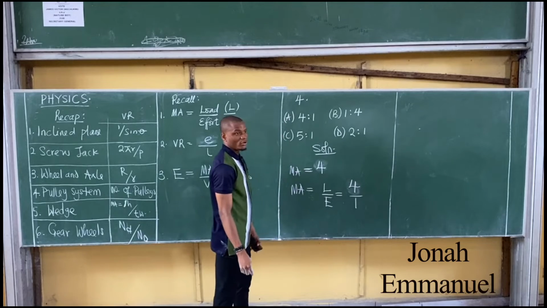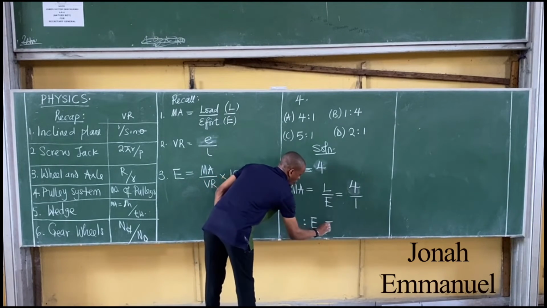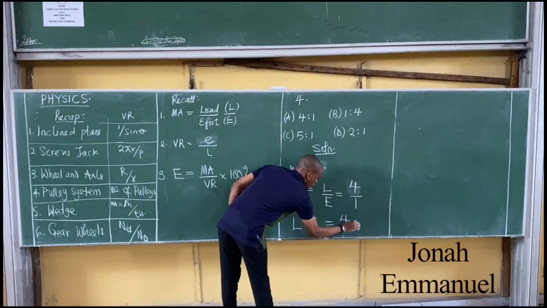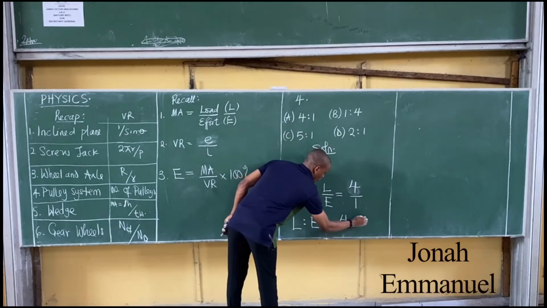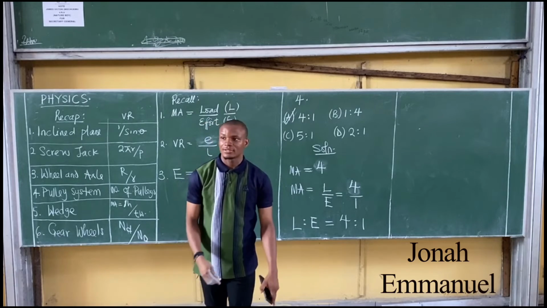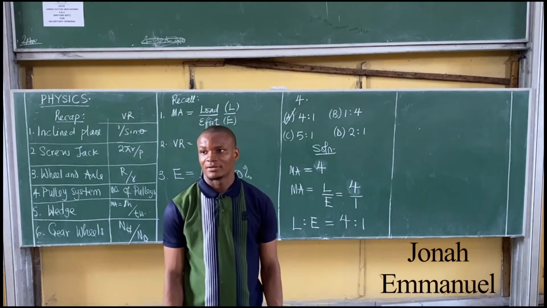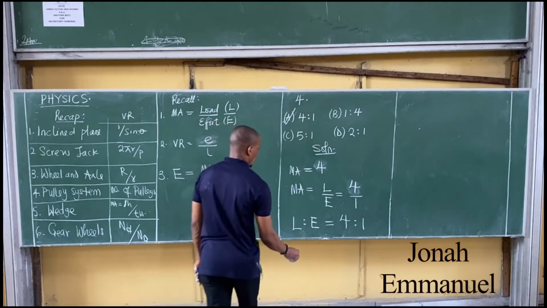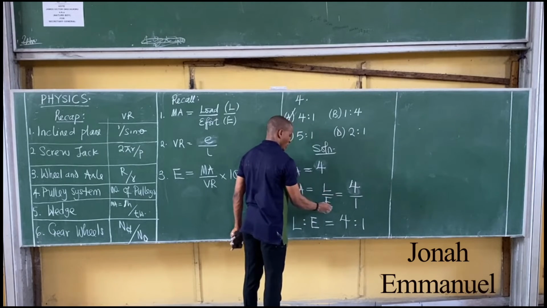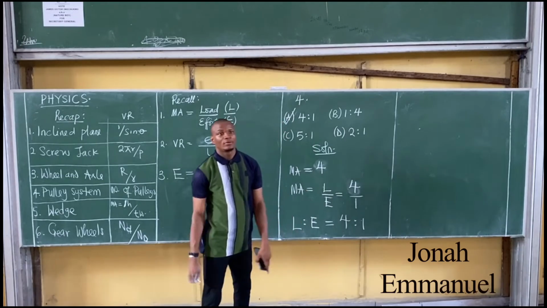So the ratio of load to effort is now, comparing these two, the load is 4 and the effort is 1. 4 is to 1. It is this easy. If I do load over effort, it's equal to 4, and 4 is equal to 4 by 1. So load is 4, effort is 1. Load is to effort becomes 4 is to 1. That's all.